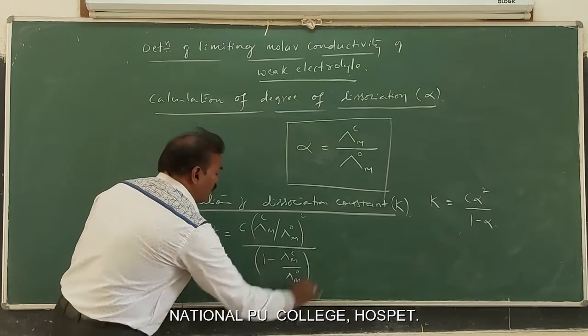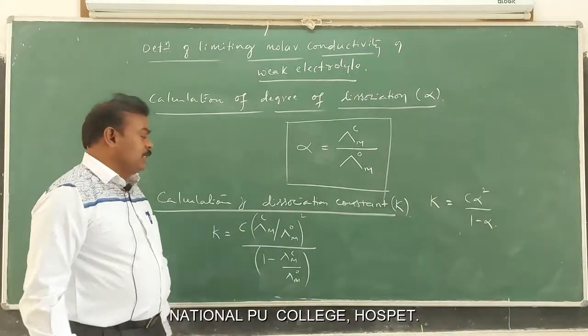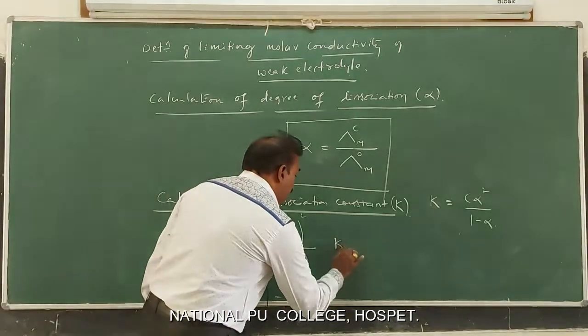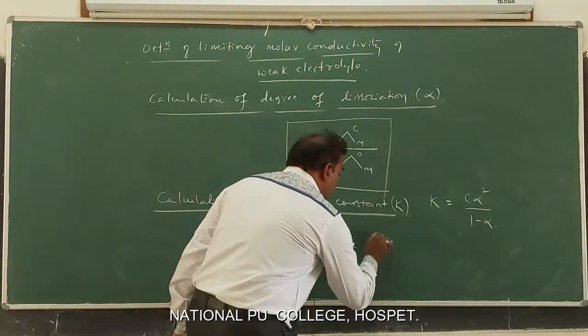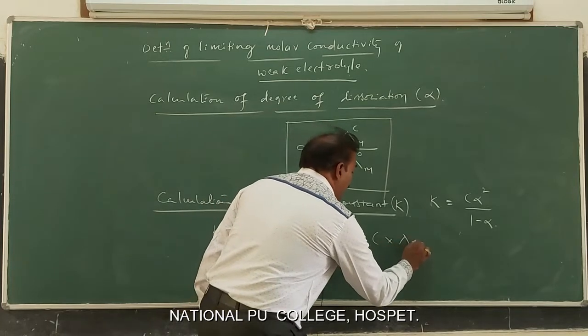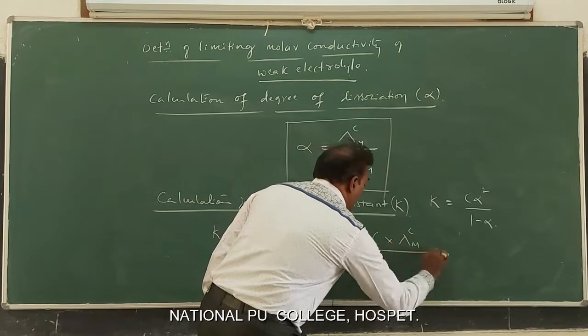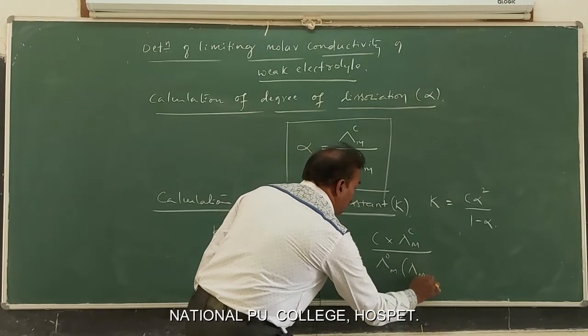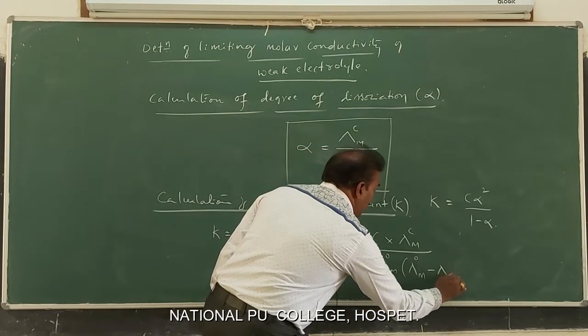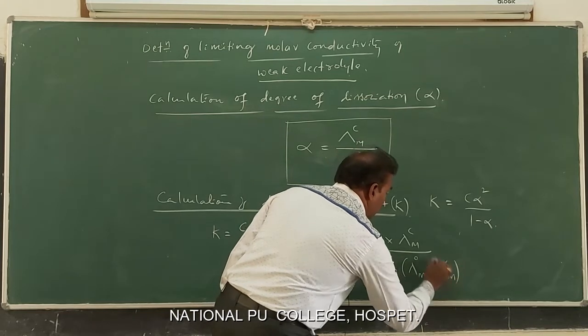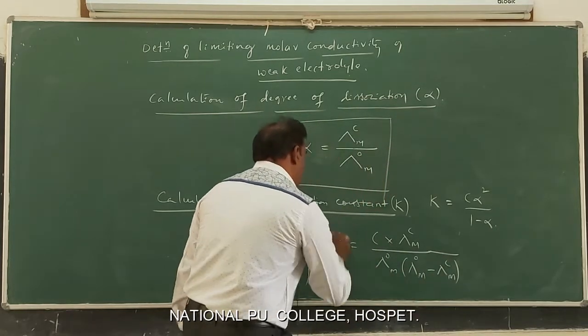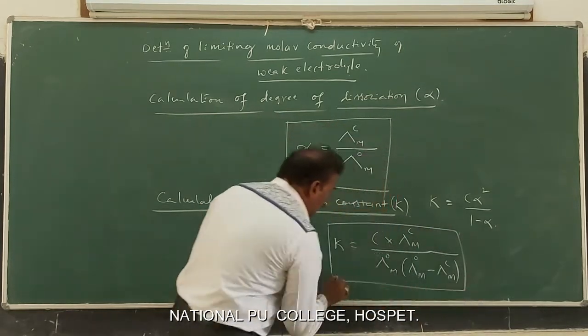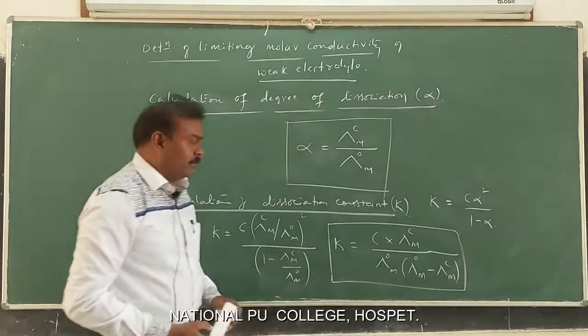On simplification, we get this relation: K is equal to C into lambda m c squared divided by lambda m naught into lambda m naught minus lambda m c. This is the final expression for the dissociation constant of a weak electrolyte.